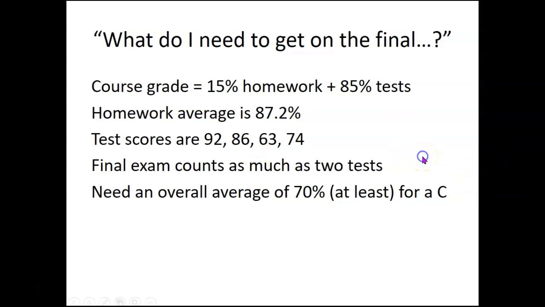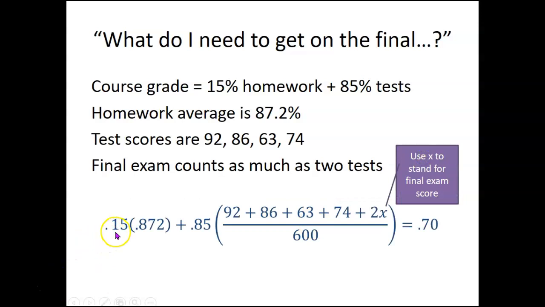Well, we can set that up like this. We take 15% of their homework average, which is 87.2% or 0.872, plus 85% of their test average. So if we add together all the test scores, 92 plus 86 plus 63 plus 74 plus 2 times whatever they get on the final, we don't know what that is yet, so we'll use an x to stand for that, and divide that by the number of points possible on all those tests: 100 plus 100 plus 100 plus 100 plus 200, so 600 points possible on tests.